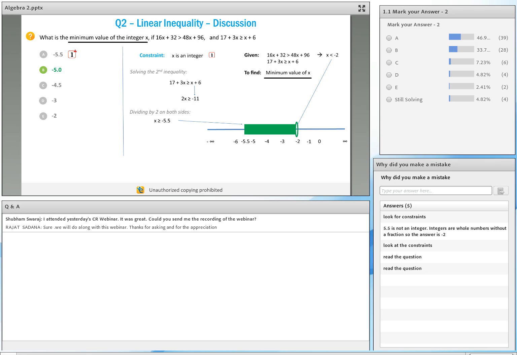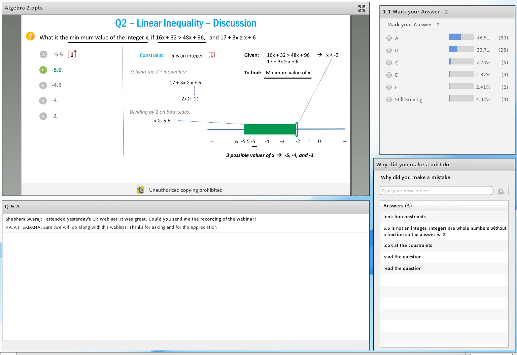Now, drawing this on the number line, you go from -5.5 all the way towards plus infinity. But because of the constraint imposed by the first inequality, we can only go till -2. When you ask what's the smallest integer value that x can take, you say -5.